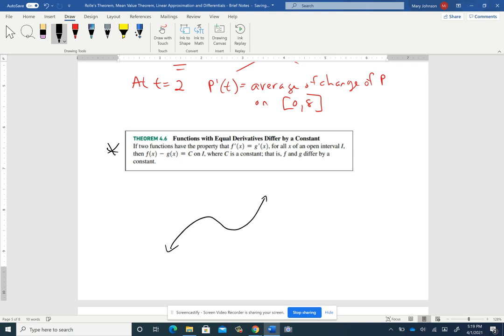If I did the derivative of that, and it equaled the derivative of some other function, my other function would just be like that same thing, but maybe shifted c units this way. These two, f and g, would be such that f prime, the slope of f, would equal the slope of g, is basically what it's saying.